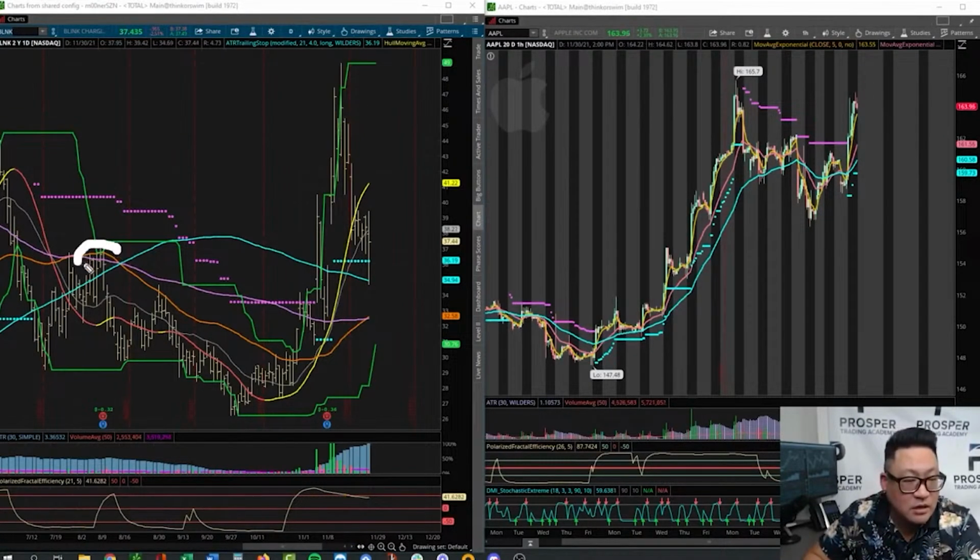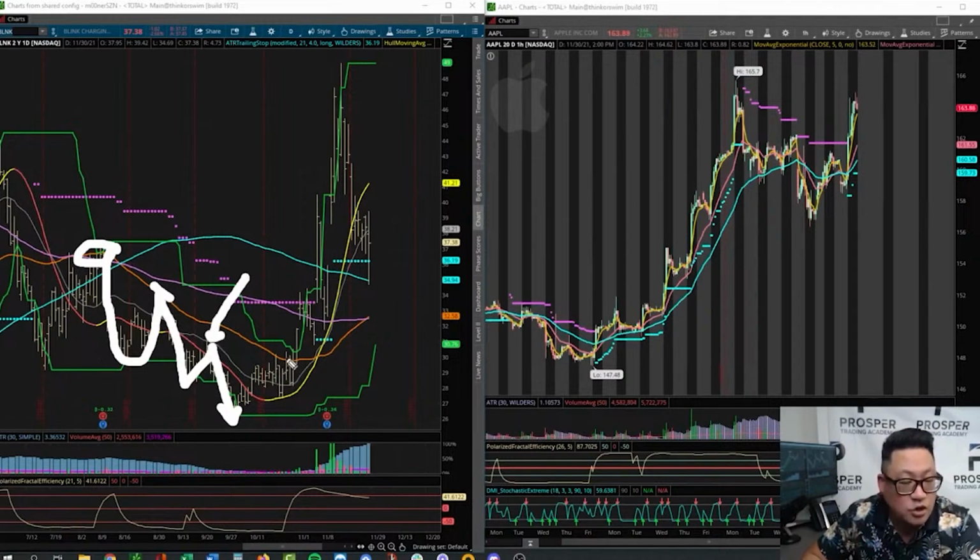Now you could see BLNK dropped and came up to the 50-day moving average and then rejected. From that moment, guys, BLNK started actually trading with lower lows. And in fact, the thin gray line here is my 20 simple moving average, a short-term indicator. It rejected off that level and went down. But in the same sense, when it started to recover, it started to hold the 20 SMA.